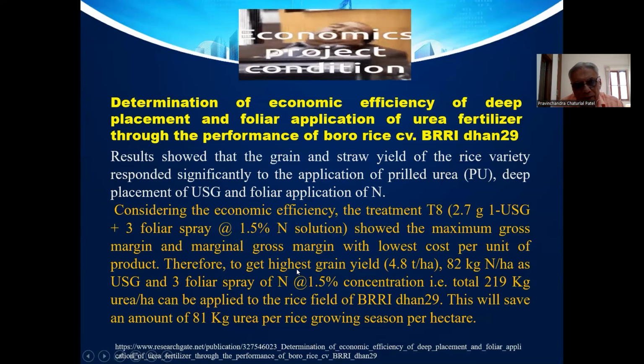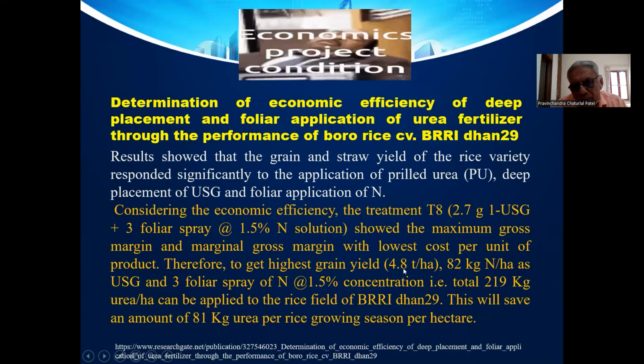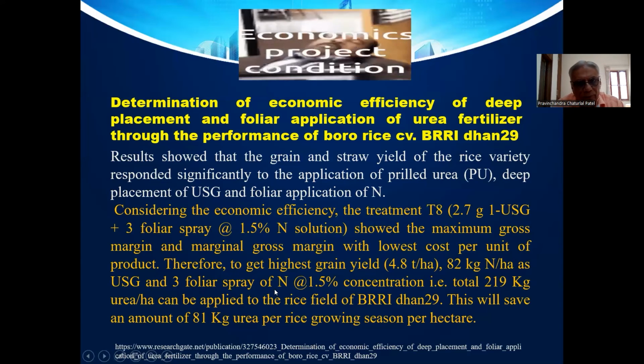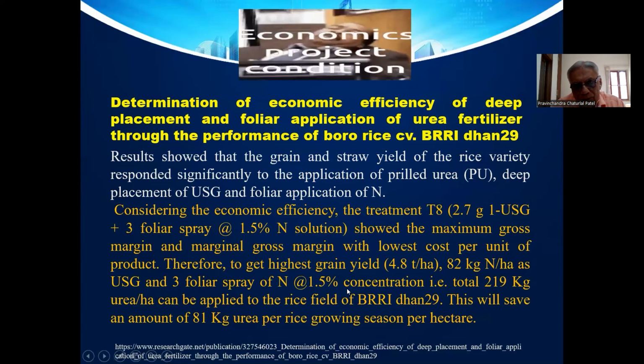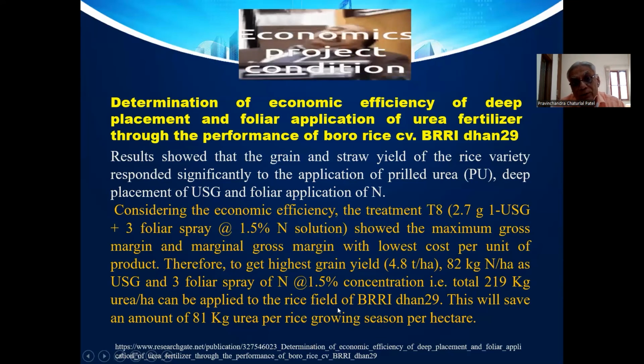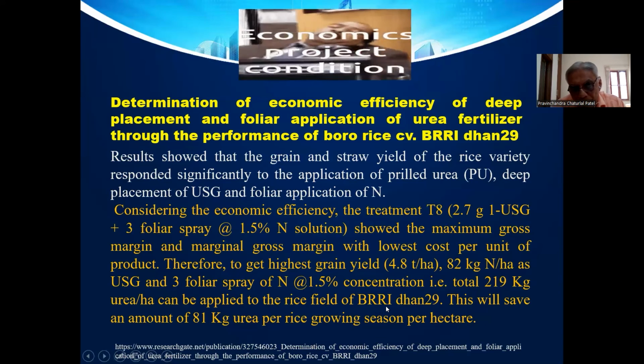Therefore, to get the highest grain yield, 4.8 ton per hectare, 82 kg nitrogen per hectare as urea supergranule and 3 foliar sprays of nitrogen at 1.5% concentration, that is a total of 219 kg urea per hectare, can be applied to the rice field of BRRI Dhan 29.